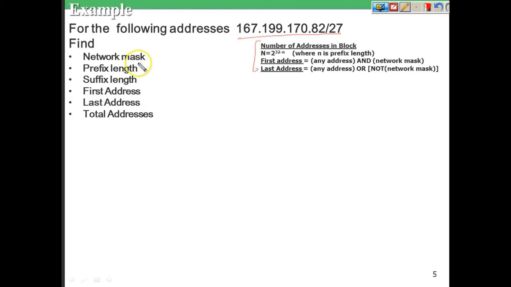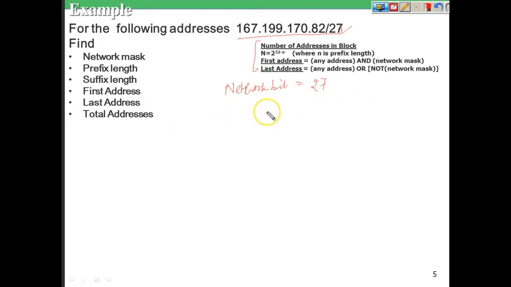The network mask can be found using this information. Here the network bits is 27. That means I will keep the 27 bits equal to 1 and the remaining 5 bits equal to 0, and that will give me the network mask.